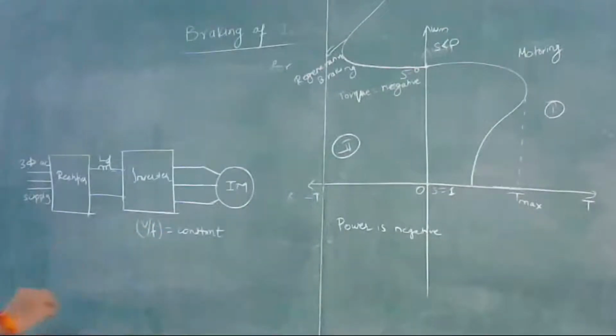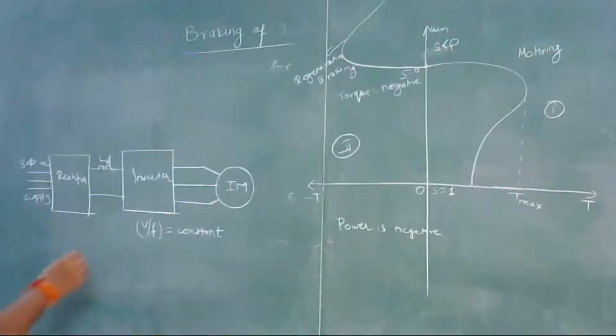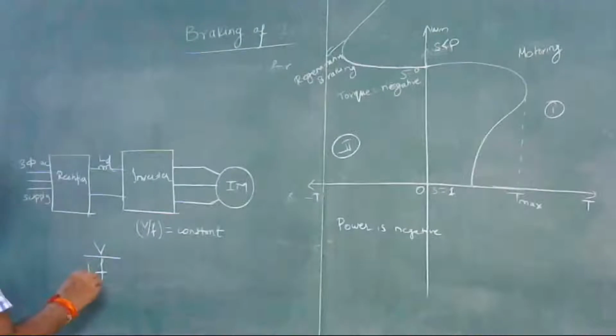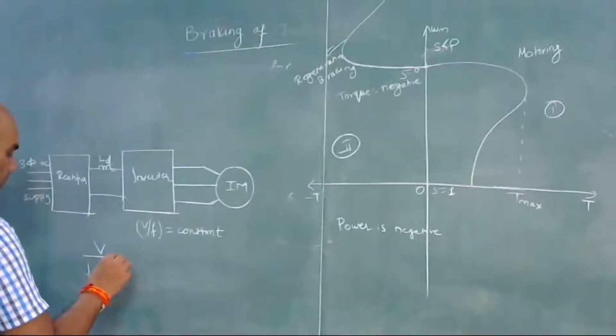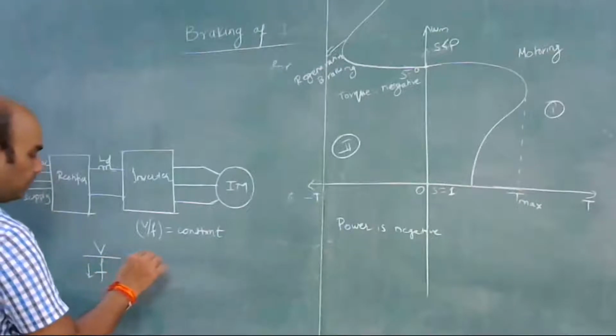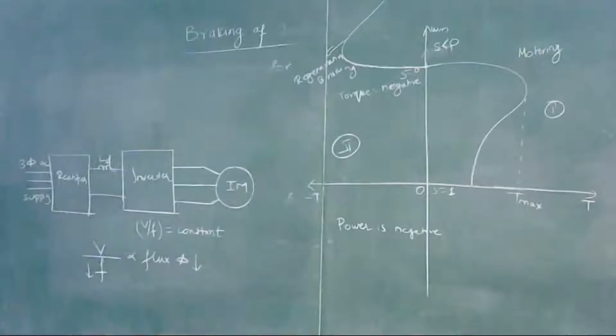We have seen this earlier, the V by F control, speed control of induction motor. If V is kept constant and F is decreased, this is proportional to flux phi, so flux also decreases.